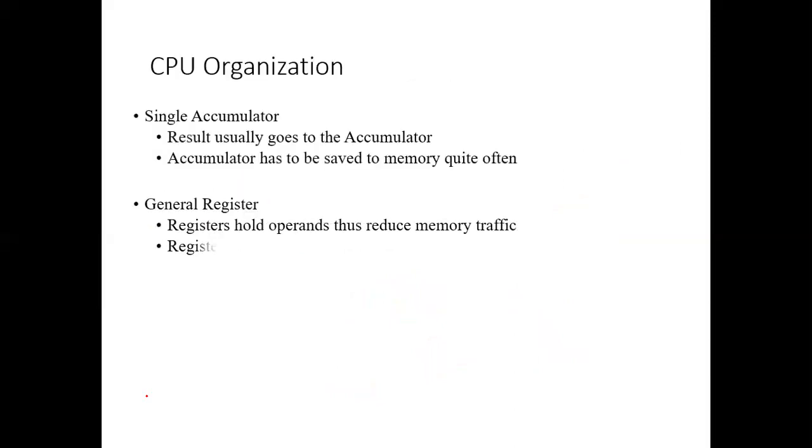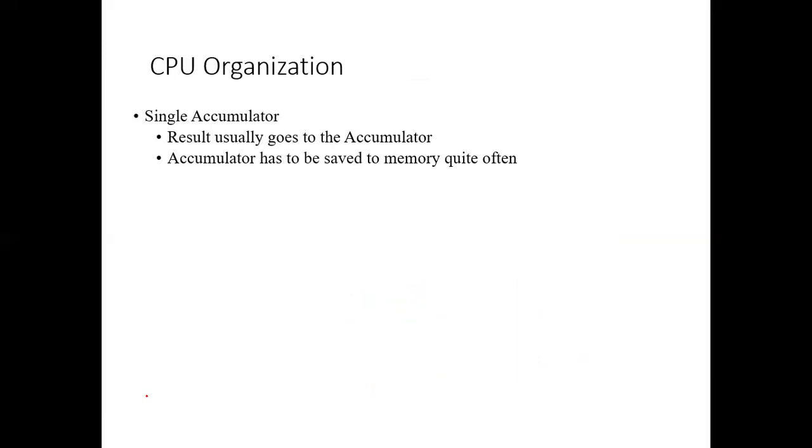Right. So there are different types of instructions which we will discuss. We are trying to categorize them into 3 categories. In certain types of instructions, the result will go into the accumulator.